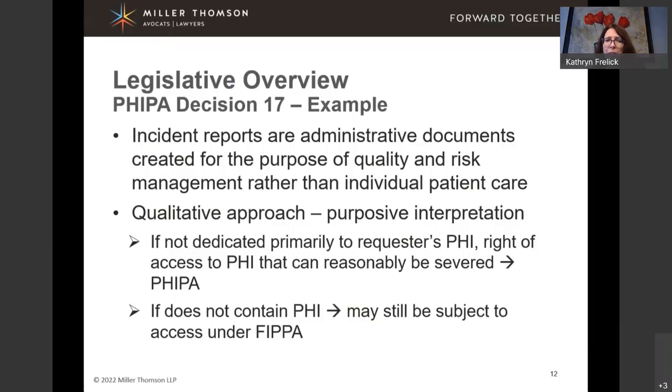Incident reports have traditionally been treated as administrative documents. They're created for the purpose of quality and risk management rather than individual patient care.